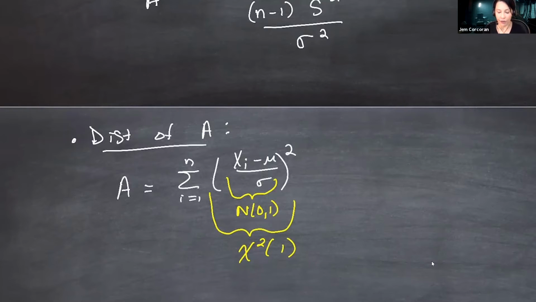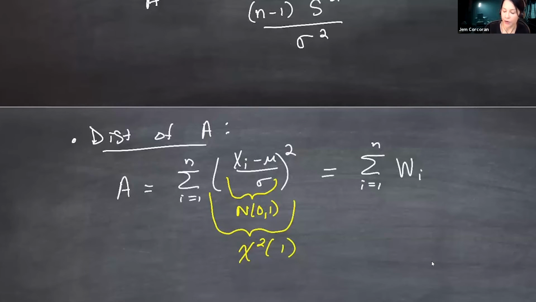And if you add up a bunch of chi-squareds, I guess we haven't shown this yet. So if you add up a bunch of chi-squareds, you get another chi-squared with the degrees of freedom added up. And that is really easy to show using moment generating functions. So let me write this as the sum as i goes from 1 to n of wi. W's and v's are my favorites for chi-squareds. I don't know why. Where wi is chi-squared 1.